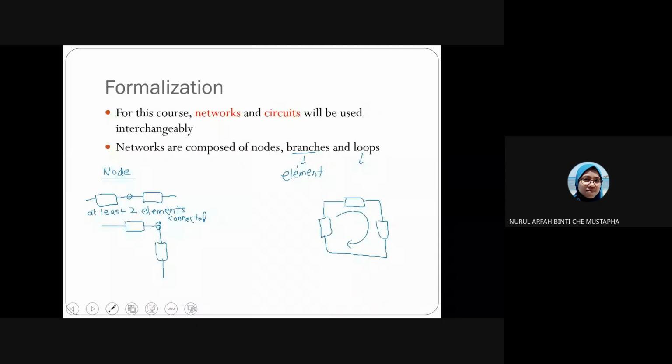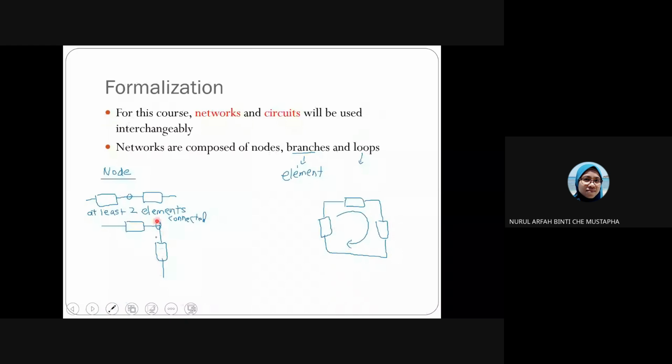A node. Connected side by side like this. So you have one branch, another branch here. You have this one as a node. Or maybe you have one element here, another element at right.